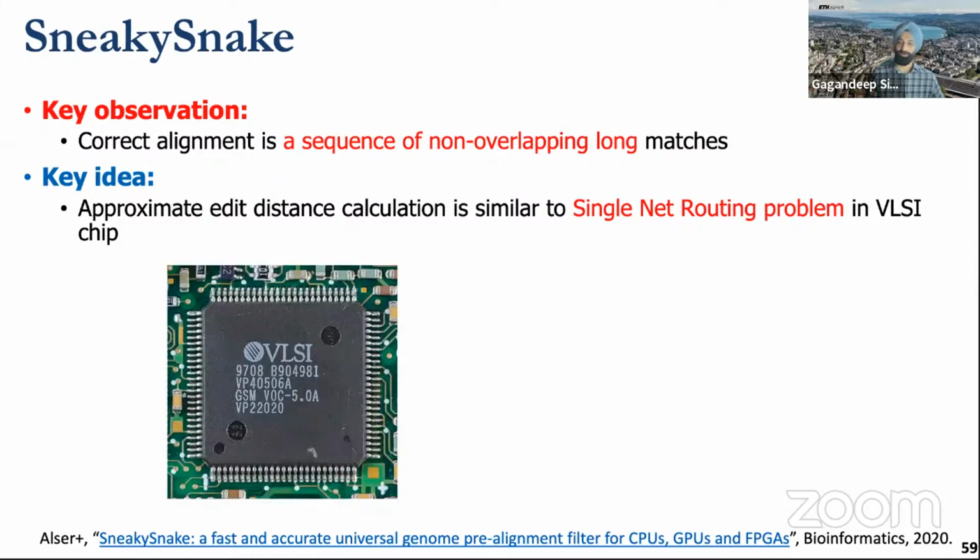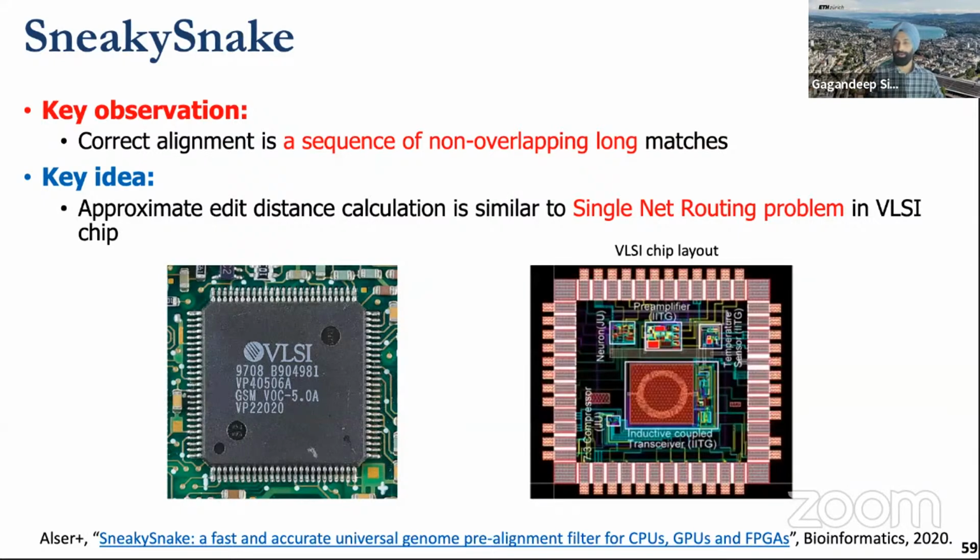So for example, we have a VLSI chip over here, and when we dissect the chip, we can find many components inside the chip, and the problem becomes like there's a snake. It's kind of a maze, and the snake wants to go from one end to the other end, and it needs to find the shortest distance to get from one end to the other. And that's why the algorithm is called Sneaky Snake, because it's trying to come up with the sneakiest way to come out.